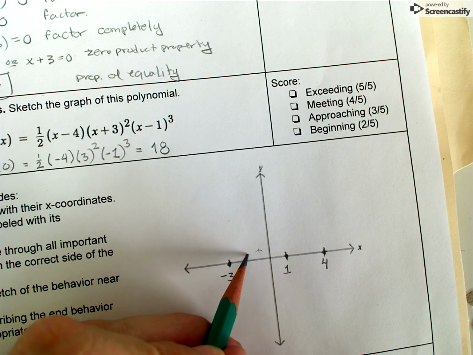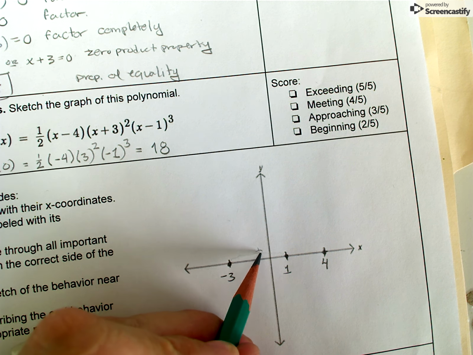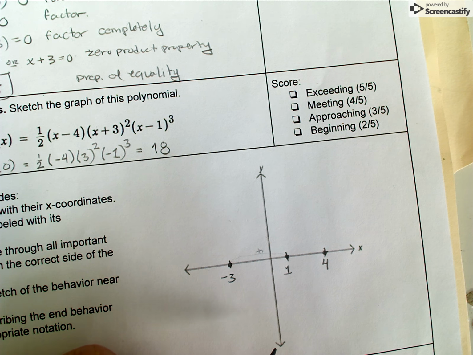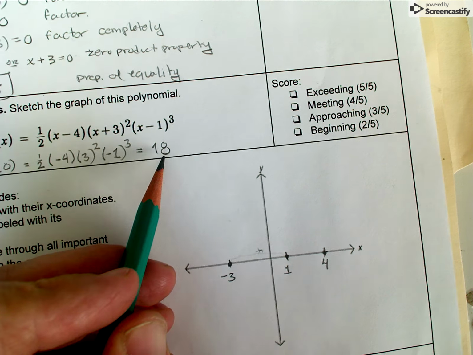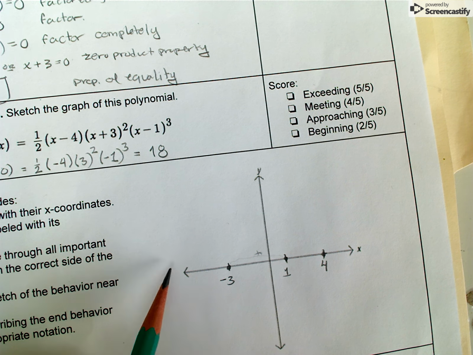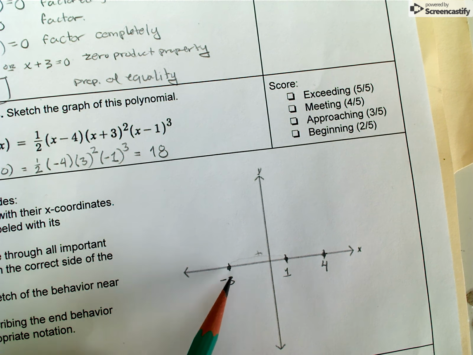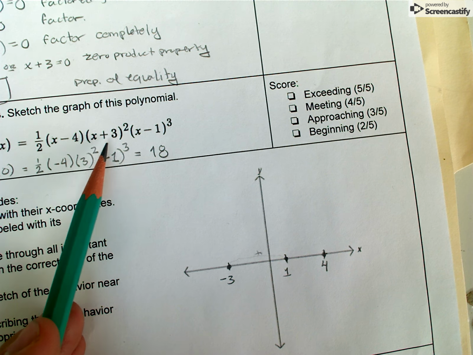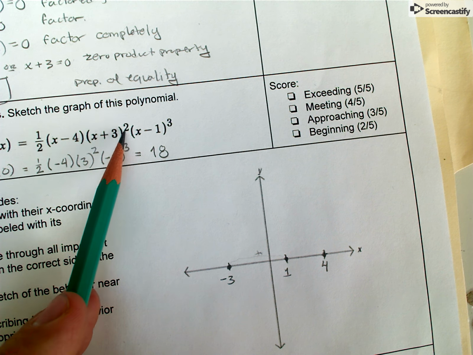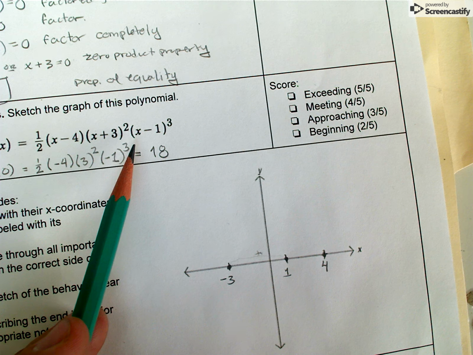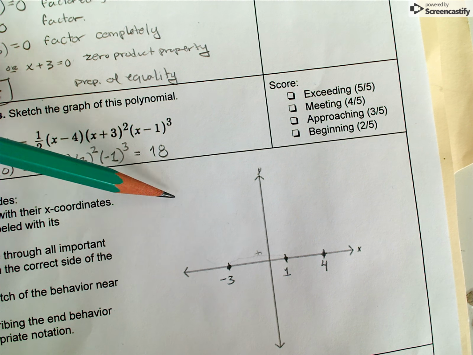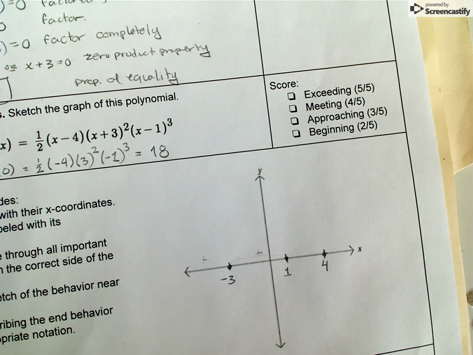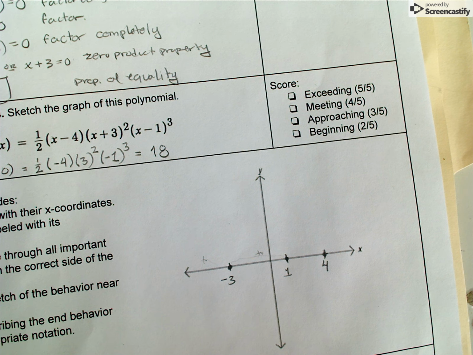So along this interval, my graph has got to be above the x-axis because I have a result that's positive. So let me imagine what happens down here. Notice that this root right here came from this factor, which has a multiplicity of 2. I know that when things have a multiplicity of 2, they're going to go back the way they came. So I expect the graph to be positive over here also.